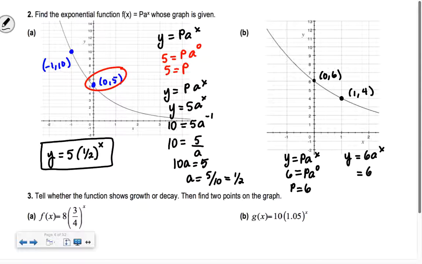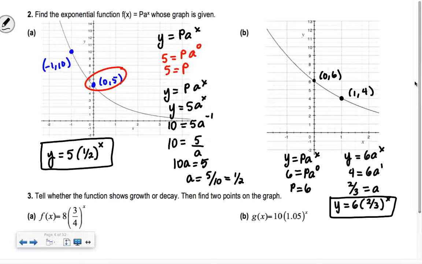So now if we plug in 1, we get 4. So Jacob, what do we get for a? So 4/6, which he reduced to 2/3. Good. So our final function then is y equals, our p was 6, our a was 2/3 raised to the x. That's our final function. Feel pretty good with that?